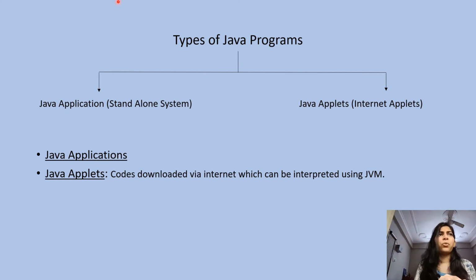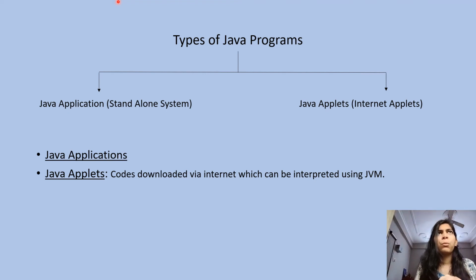Java application programs have full access to the local file system. Because you are making it on your system, it will have full access to the local file system. But applets don't have access to the local network or the local disks because they are being downloaded, right?